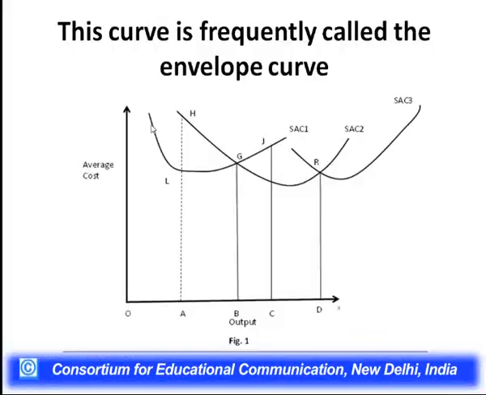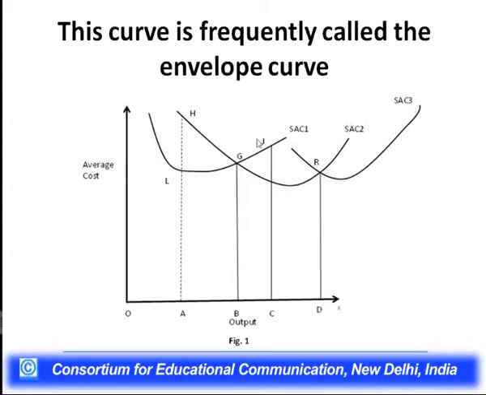Supposing with the technology available, there are 3 sizes of the plants: SAC1, which is the plant of the shortest size, then another plant which gives SAC2, and that is of medium size, and SAC3 is the plant of the large size.